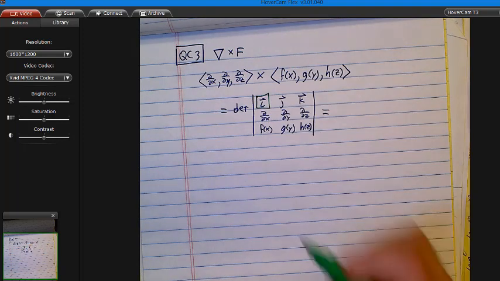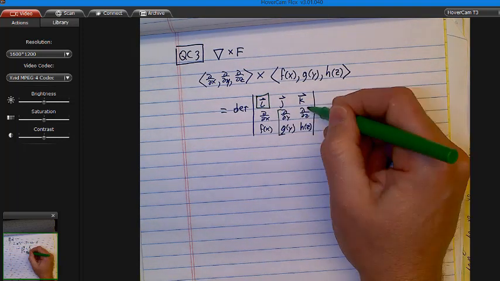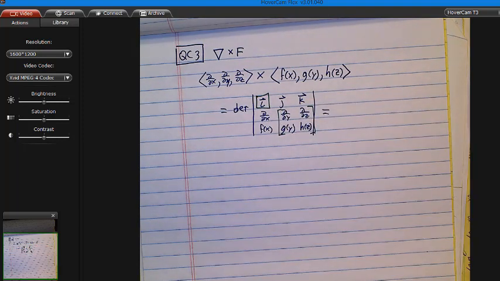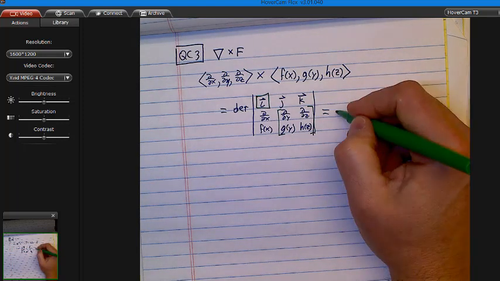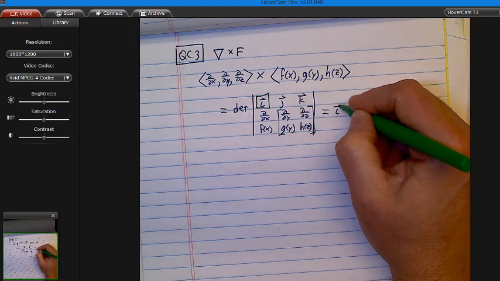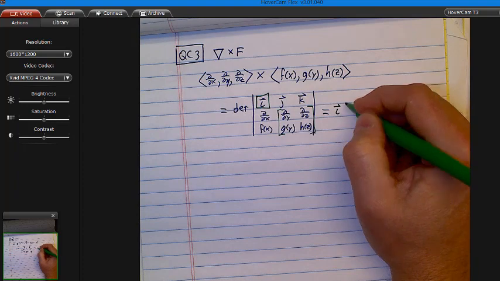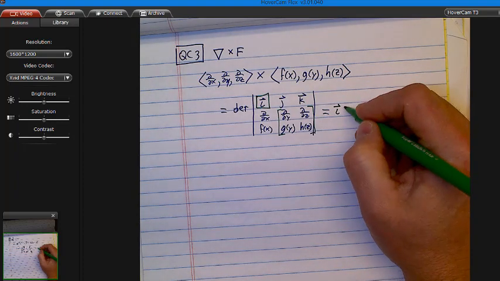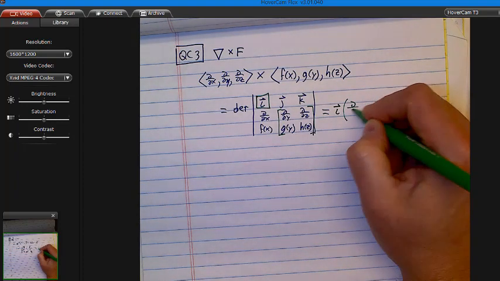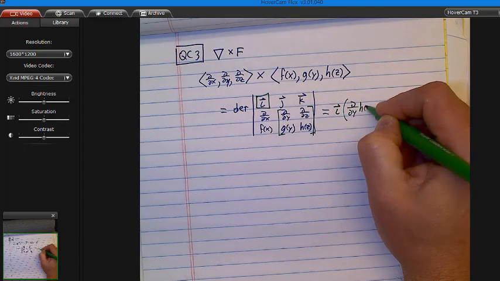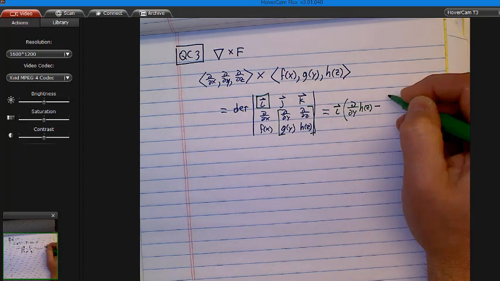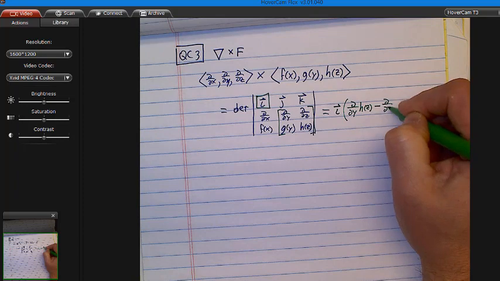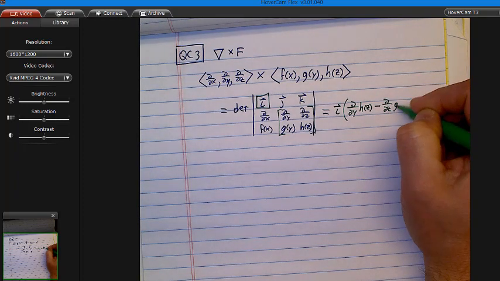Because when I work with i, then I'm just looking at this submatrix, right? So, for example, it's going to be i times the partial with respect to y of h of z minus the partial with respect to z of g of y.